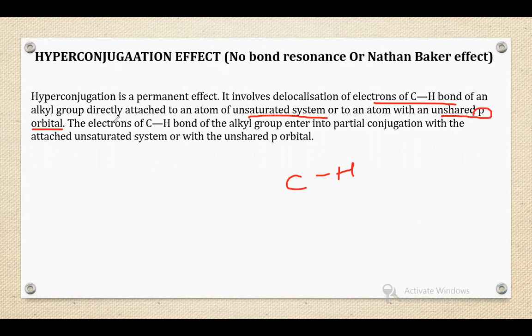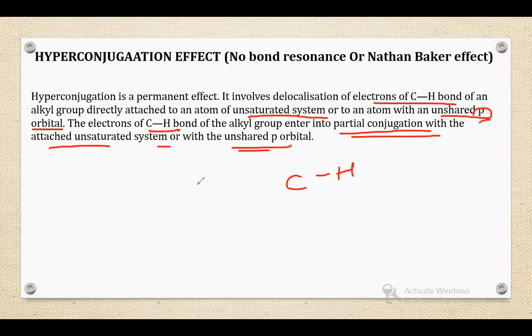Whether it has an unsaturated compound or an unshared p orbital, that you need to know. The electrons of the carbon-hydrogen bond of the alkyl group enter into partial conjugation with the attached unsaturated system or with the unshared p orbital.